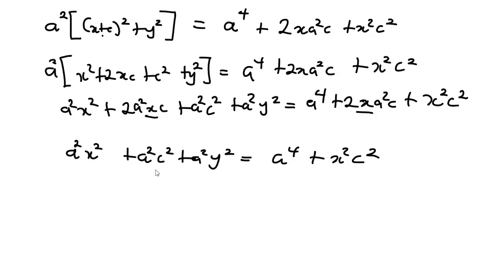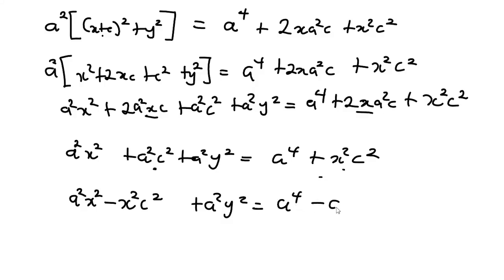Let's send this one to the side and this to the side, and let's see what happens. We have a squared x squared minus x squared c squared, plus the a squared y squared being equal to a to the power 4 minus a squared c squared.